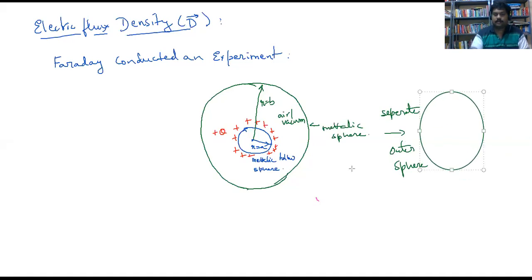And what he saw was a charge of minus q has come on the inner side of the outer sphere. Strange, right?